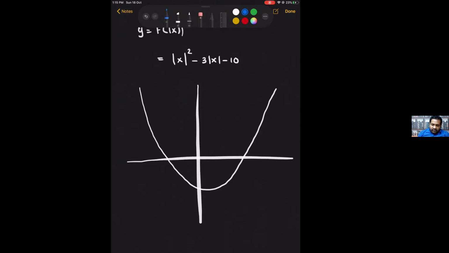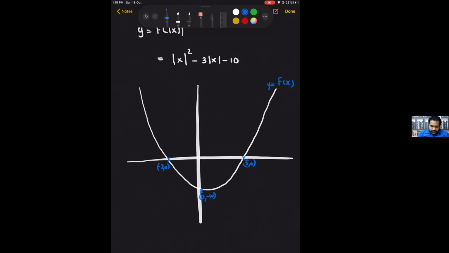So this is y is equal to f of x graph, correct? That means this coordinate is minus 2, 0. This coordinate is 0, minus 10. And this coordinate is 5, 0. So this is the graph for y is equal to f of x.